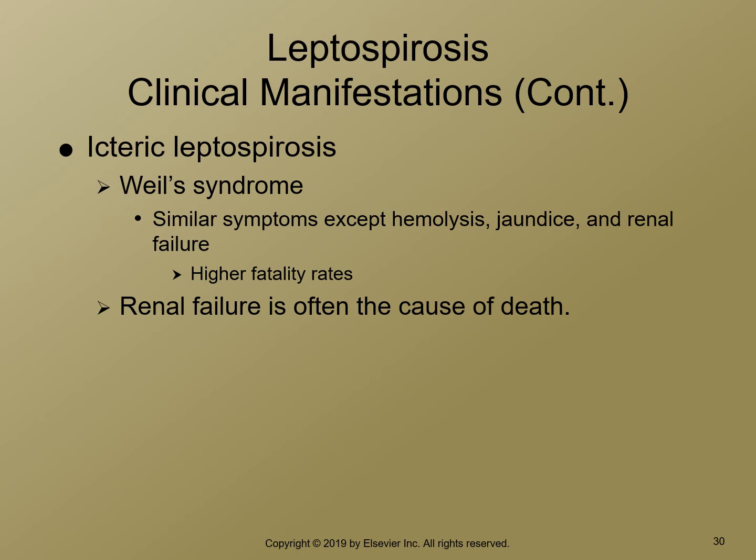This icteric leptospirosis is also known as Weil syndrome, and this form is more life-threatening than the anicteric forms. Weil syndrome starts in a similar manner as anicteric leptospirosis, but on the 3rd day of illness, the patient develops hemolysis, jaundice, and renal failure.